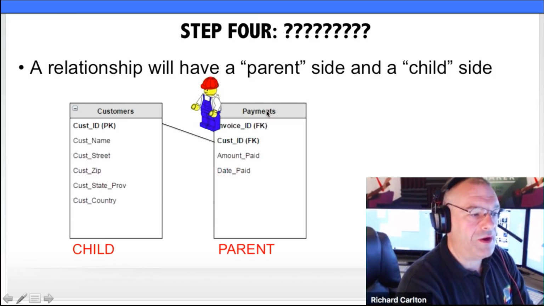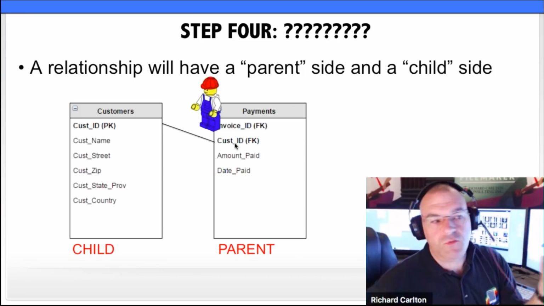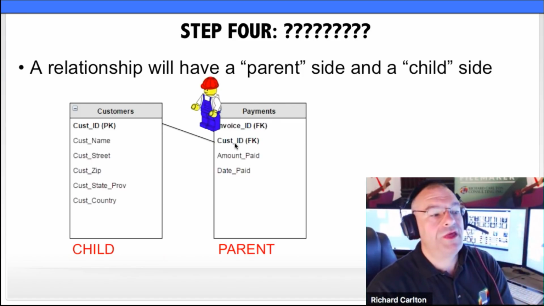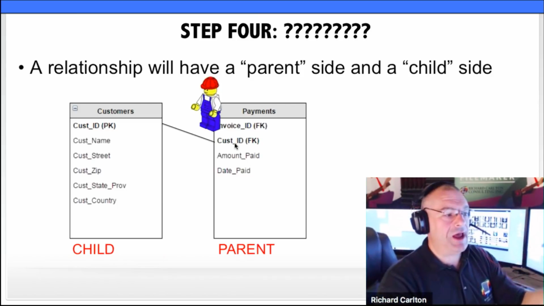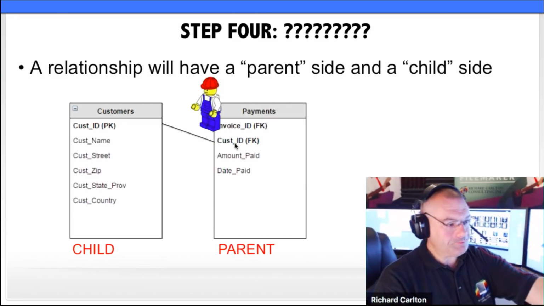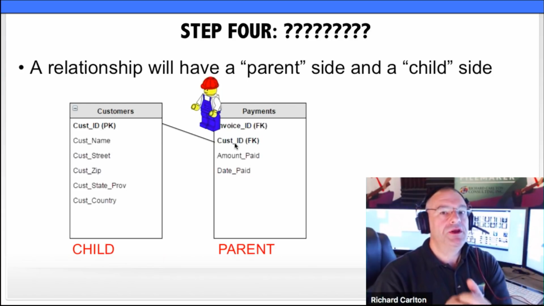So if he's on this record right here, he can see through here if there's a match. So if we're on invoice number 5001, customer is number 3, or 003, whatever we're doing with that, then it would go over there and it would lock on or match to the customer side, and it would say, Miles Debsky, he lives in Texas or wherever he lives, and it would provide that information. So the perspective is super important.